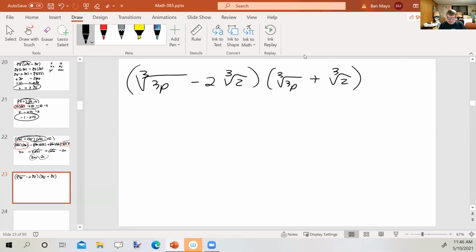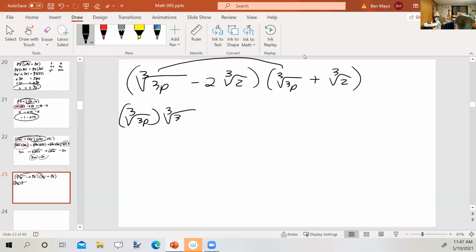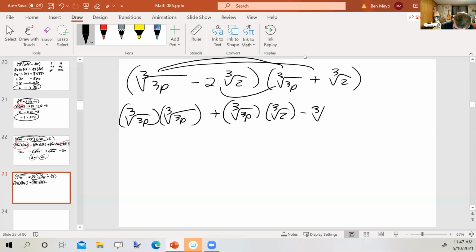So this is not those conjugate pair factors for the difference of two squares. It's close, but not quite. So let's see here. We're going to get the cube root of 3p times the cube root of 3p plus the cube root of 3p times the cube root of 2 minus the cube root of, let's see, whoops.